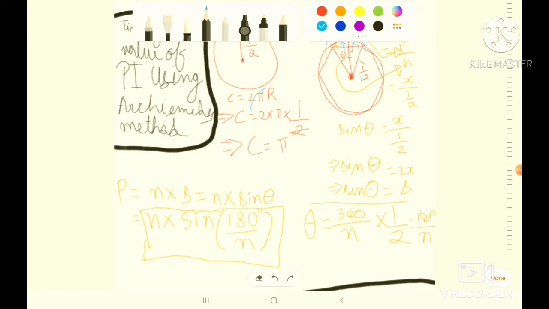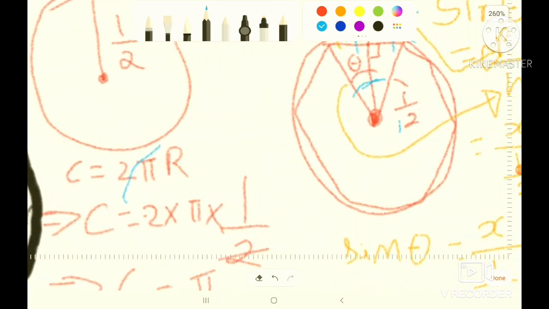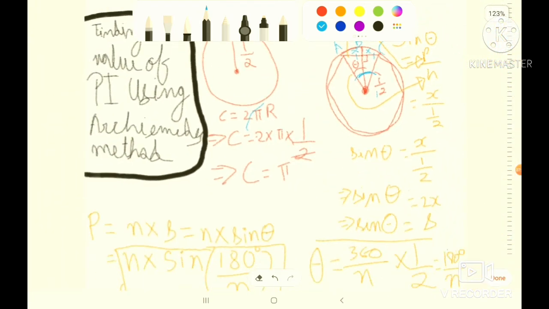This is a way to figure out the value of theta. This whole thing is 360 degrees. If we divide 360 degrees by the number of sides, then we will get this angle. Wait, let me show. This angle, right? And if we divide it by 2, then we will get theta.